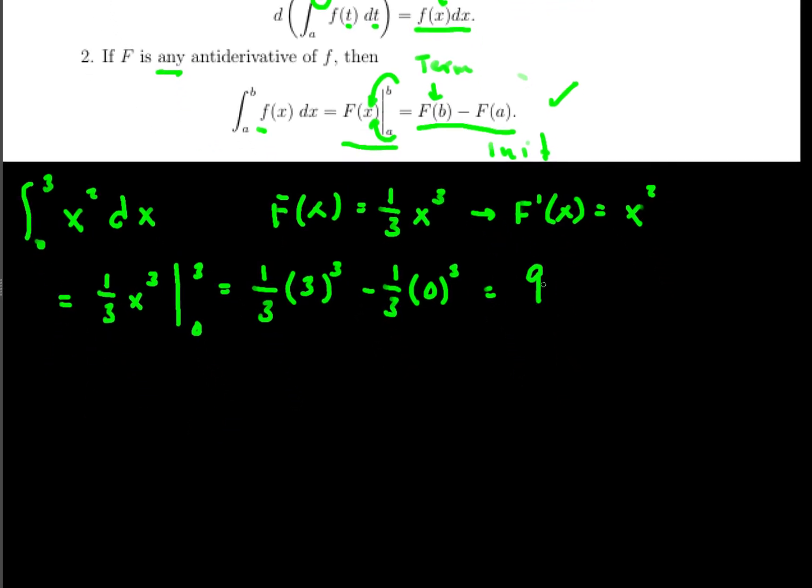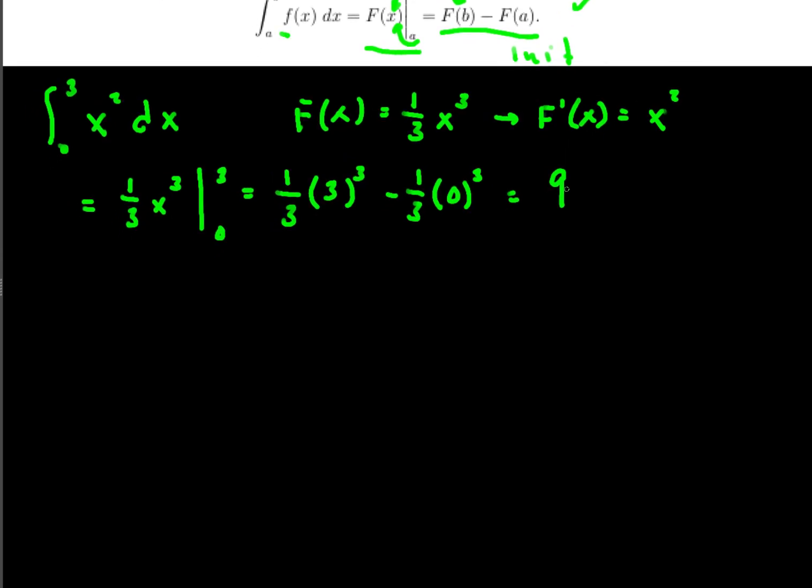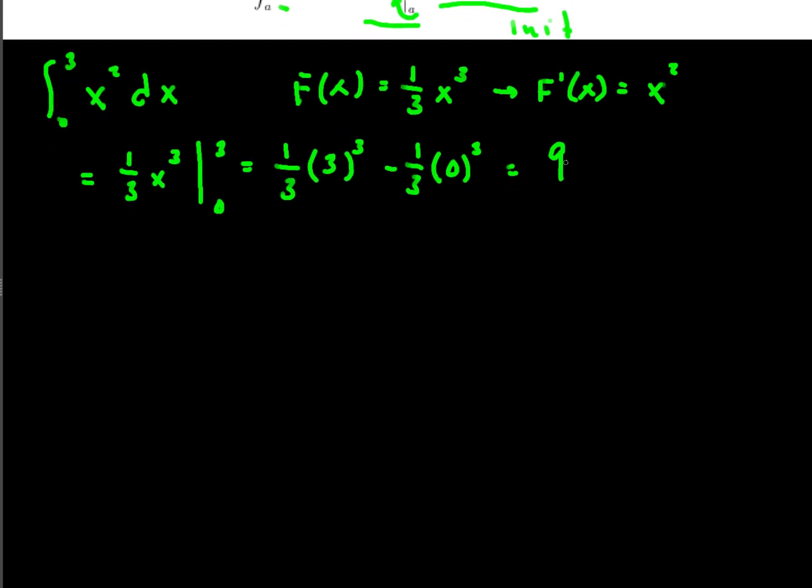One more example for this video, let's say that c is a constant, and I want to know what is the integral between a and b of c with respect to x. So c is a constant.